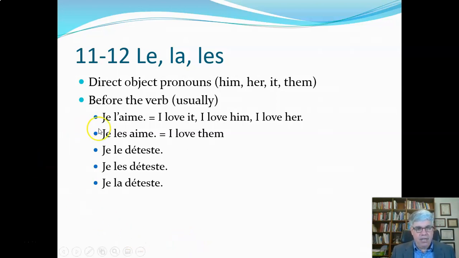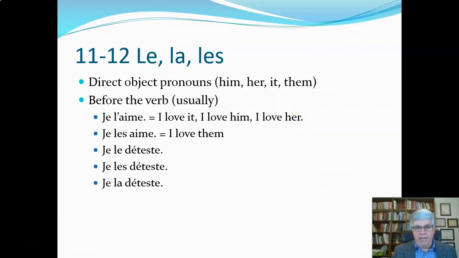So if I say je l'aime, that means I love him, but the apostrophe could also be feminine: I love her. But if we're talking about something that doesn't necessarily have a gender in English, like chocolate, it could be I love it. So je l'aime can be translated I love it, I love him, I love her, depending on the context.